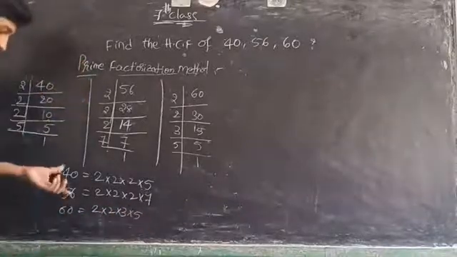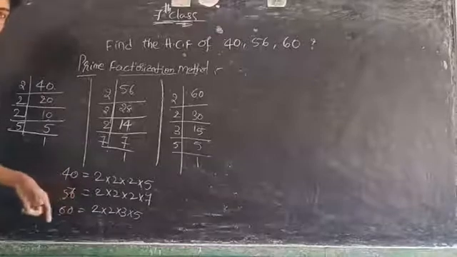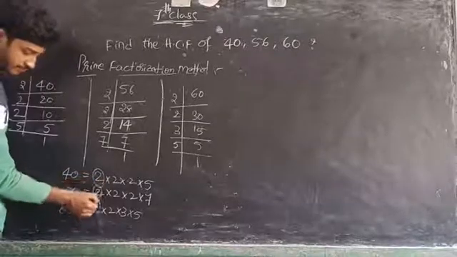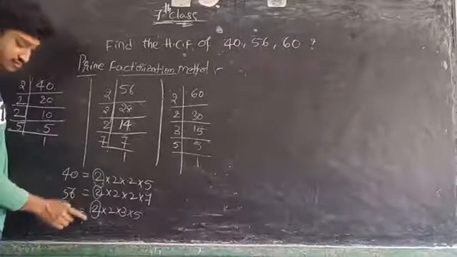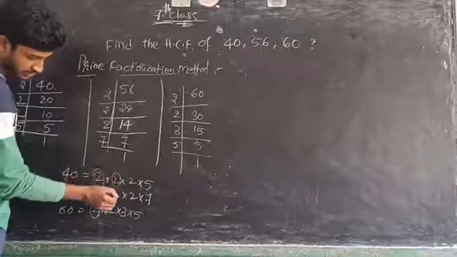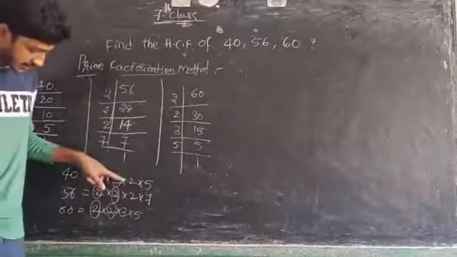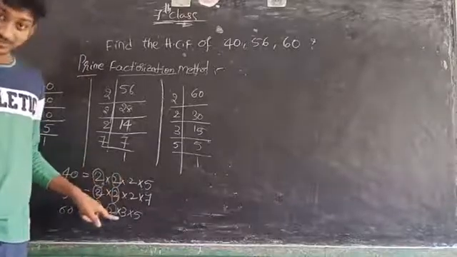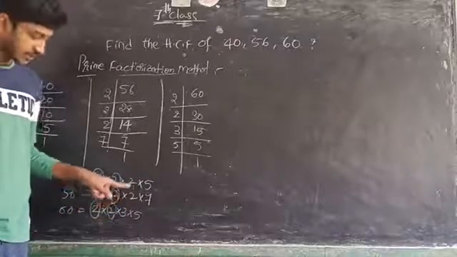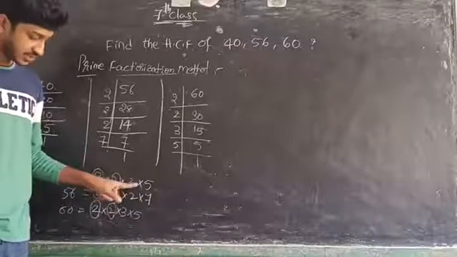Okay. Now see here, what are the common numbers in each factorization? Here 2 is common. These three numbers have 2. And now another 2 is common. 3 is not there in these two numbers, 5 is not in this number, and 7 is not in these two numbers.